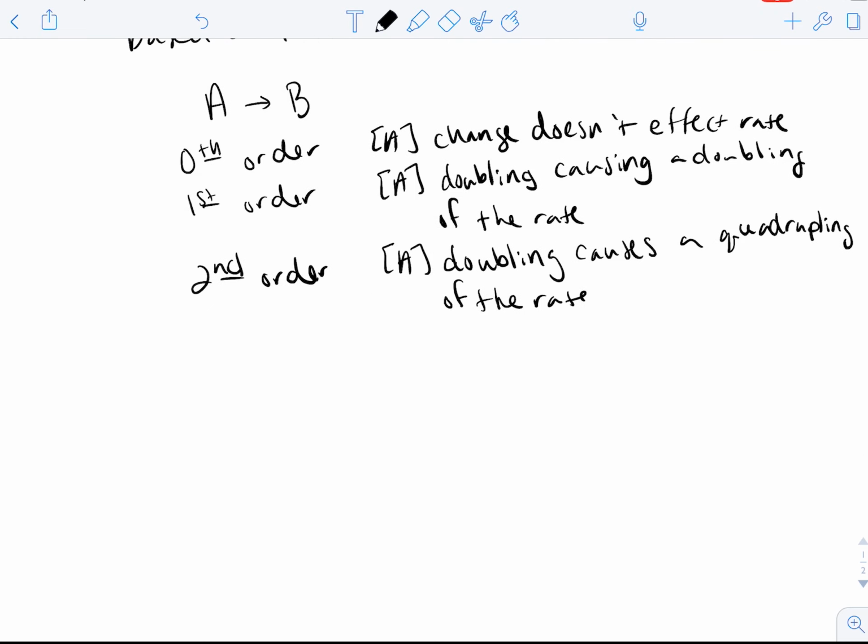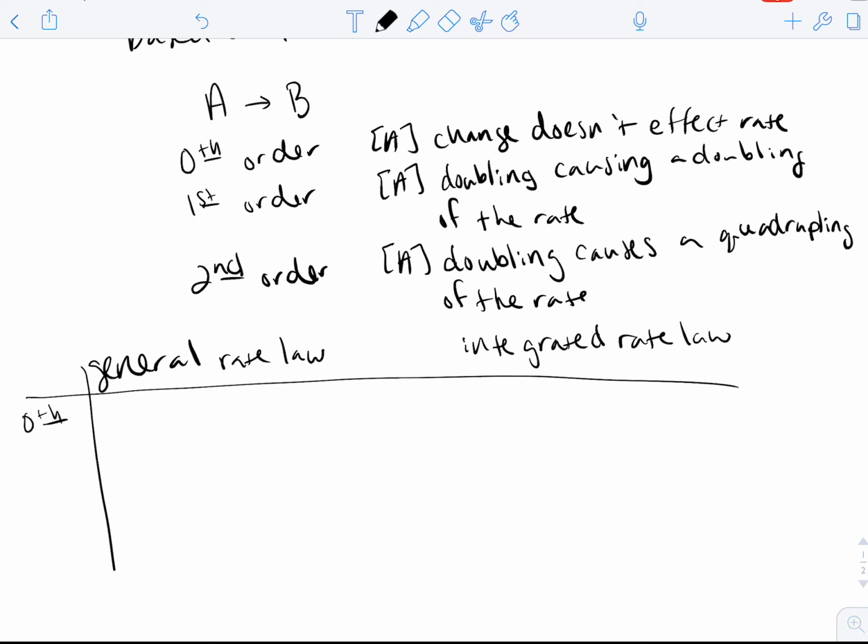So we're going to look at the general rate law versus the integrated rate law. So if we have a 0th order process, our rate law is rate is equal to k, right?